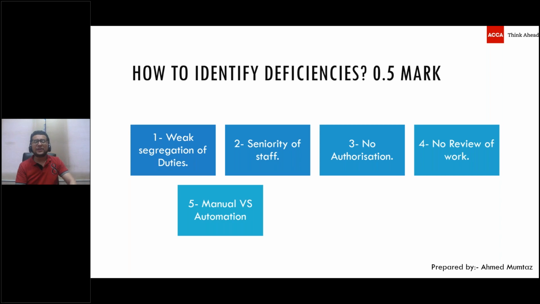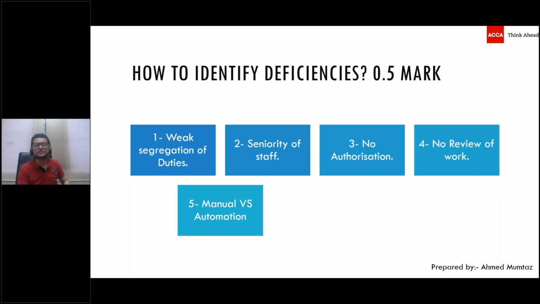Number fifth, if an activity is being performed manually, where those activities could be performed using a software or a machine or any kind of automation, we will consider it as a deficiency. Because normally speaking, when a process is automated, the chances of frauds and errors go on the lower side, because human behavior gets out of the window.